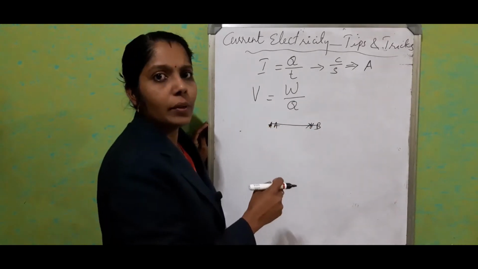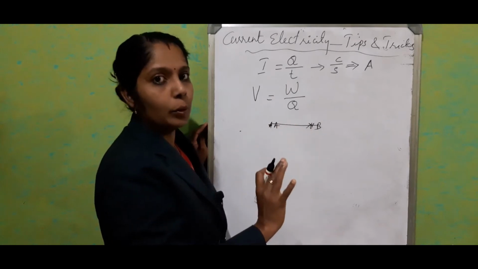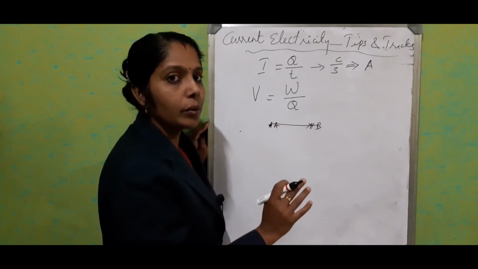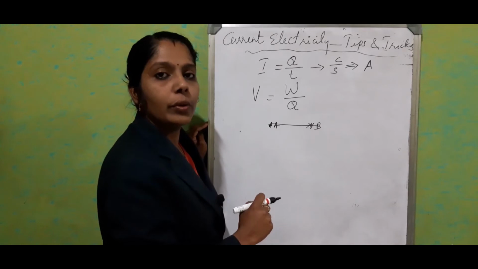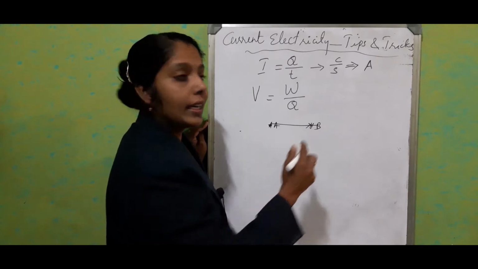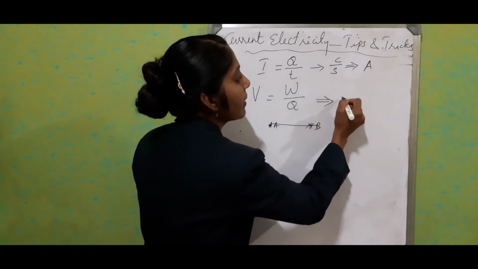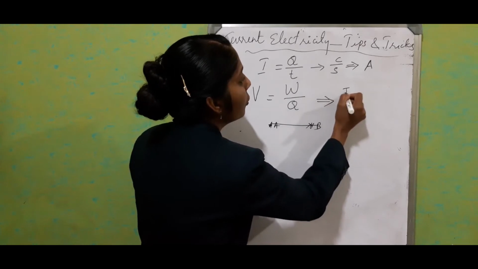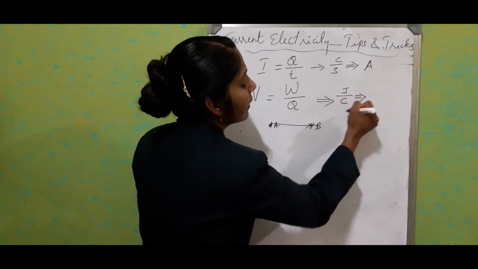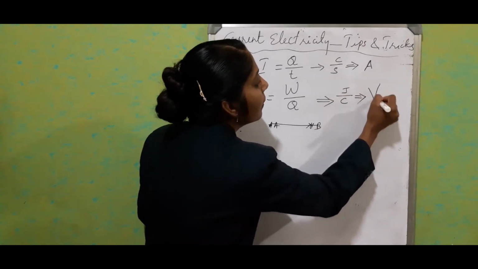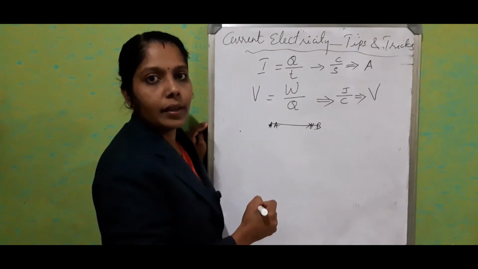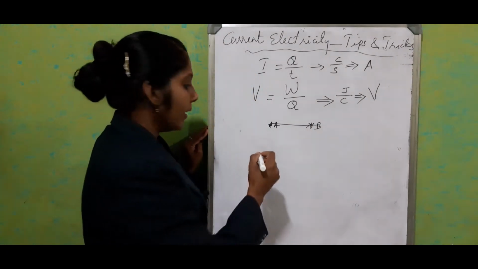Same equation we are using, W1 minus W2 or V1 minus V2. Okay, and what is the unit of potential? It is volt, joule by coulomb, that is equal to volt.